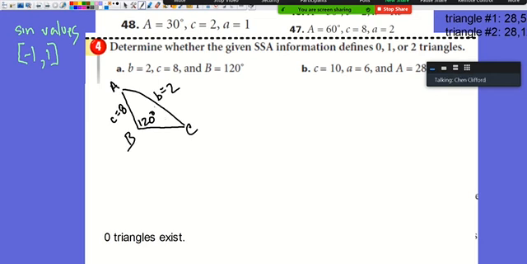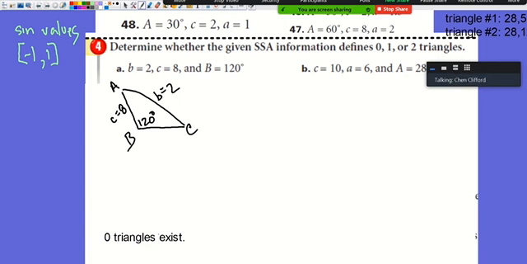So B is the largest angle, which means lowercase b has to be the longest side. The longest side is across from the largest angle, and this is not the case. B is not the longest side because b is equal to 2 and c is equal to 8. b is less than 8. b is smaller than c. So this triangle is impossible. There are 0 triangles that exist.